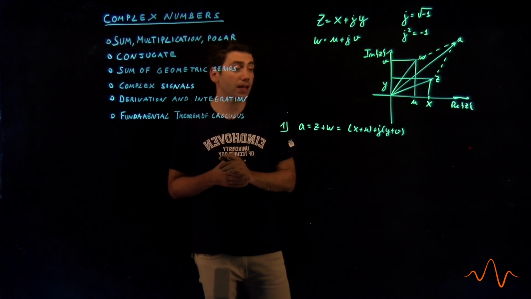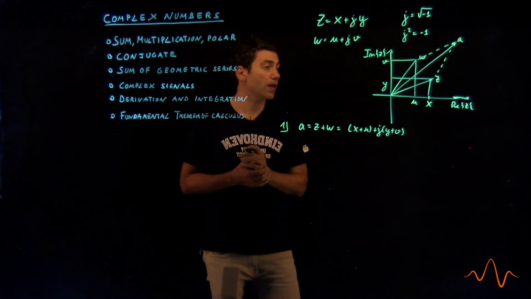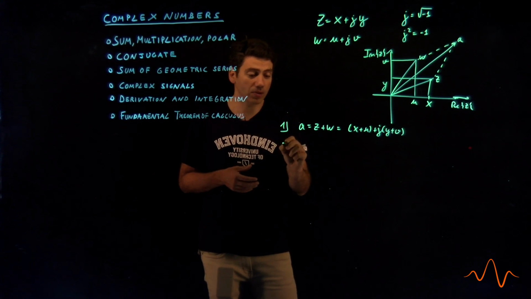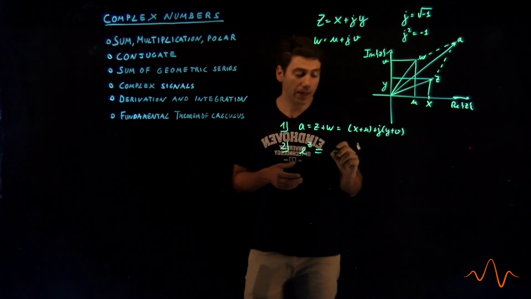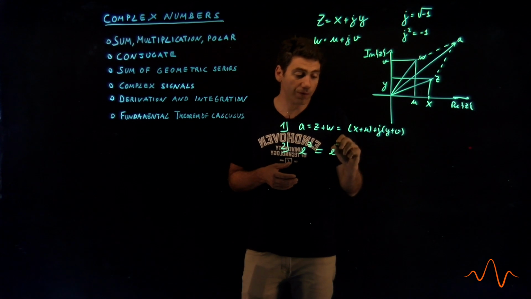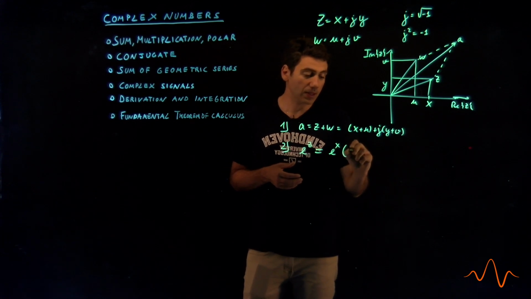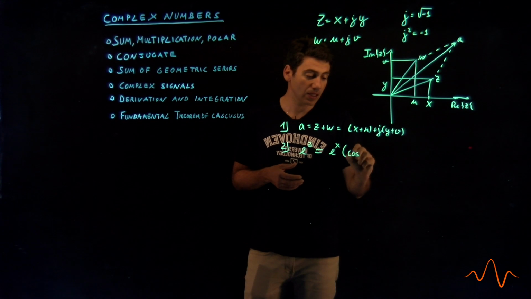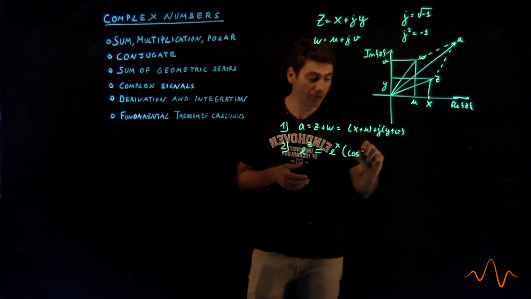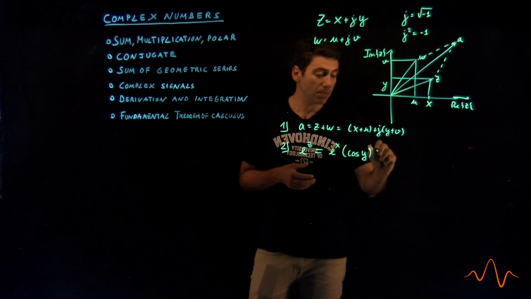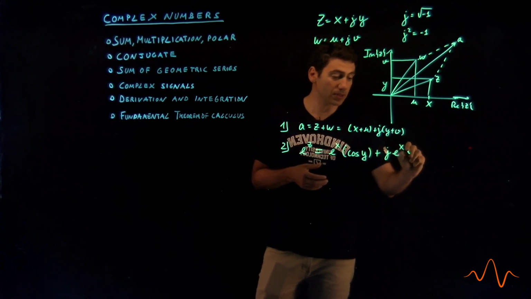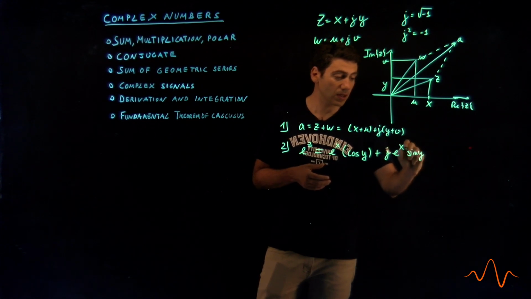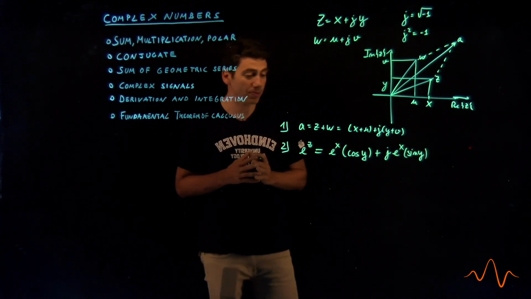Now, this is the sum, we can also define the exponential of a complex number. So the exponential of z is by definition e to the power of the real part times cosine of the imaginary part plus j e to the power of the real part times sine of the imaginary part.